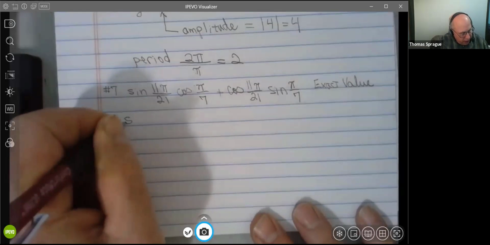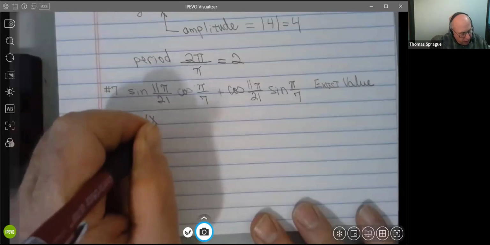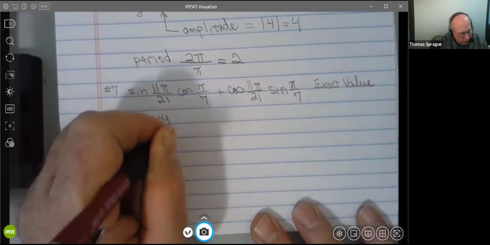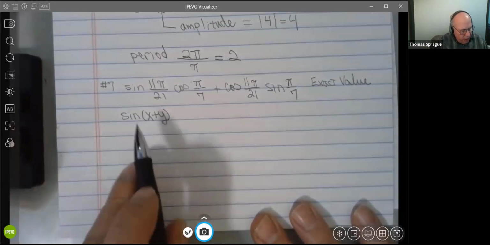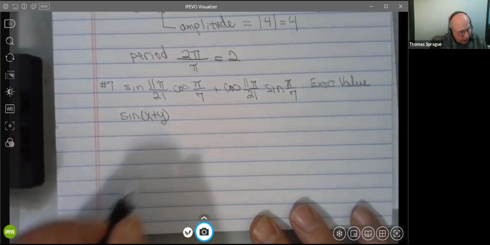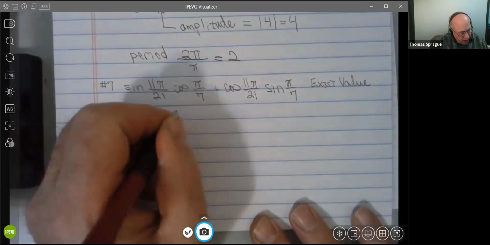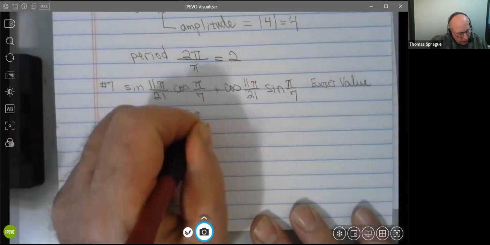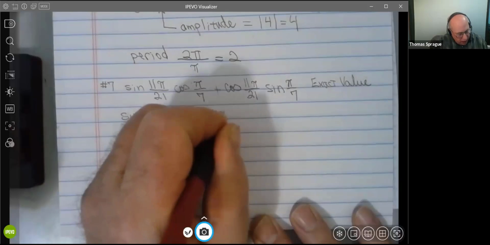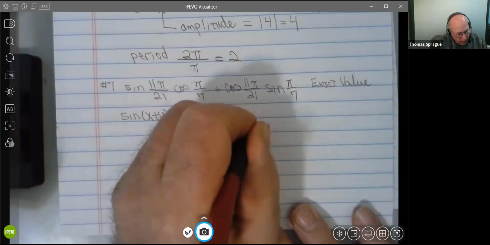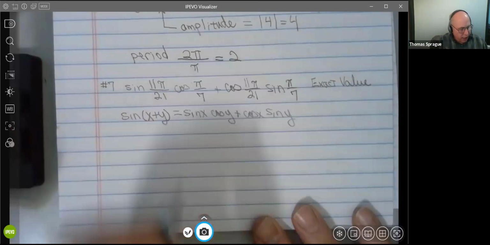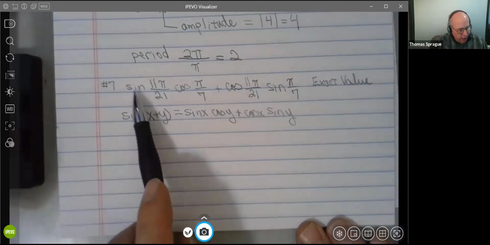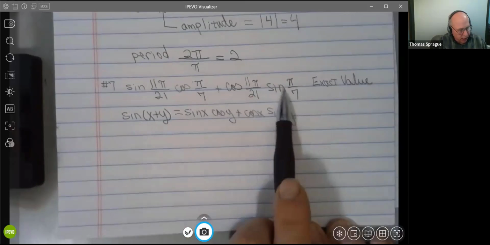So what I recognize, and this comes really only because I'm pretty familiar with my basic trig identities, is the sum of angles formula for the sine of x plus y is sine x times cosine y plus cosine x times sine of y. And I notice I have that pattern here: sine, cosine, cosine, sine.